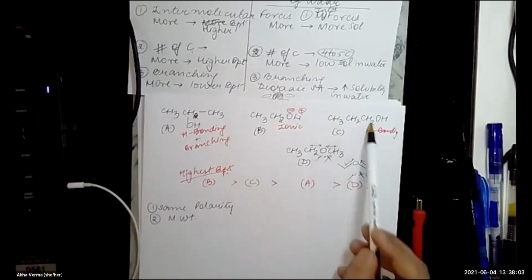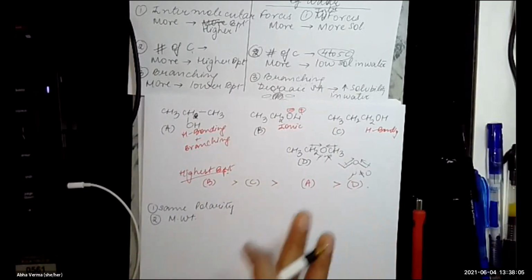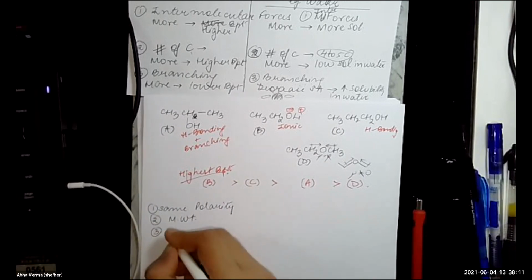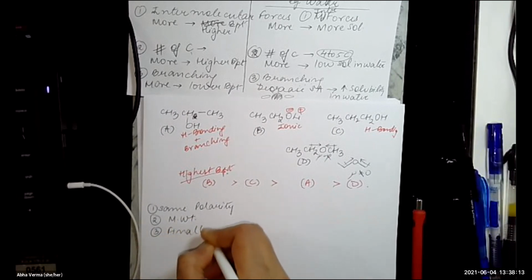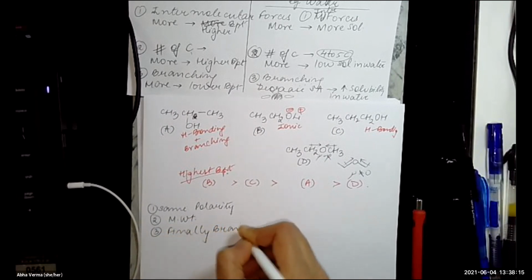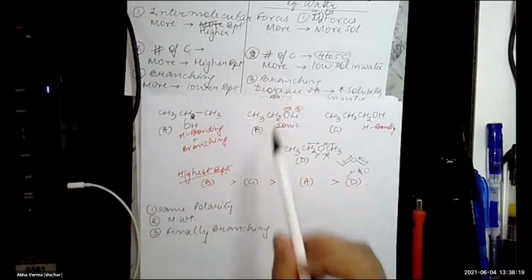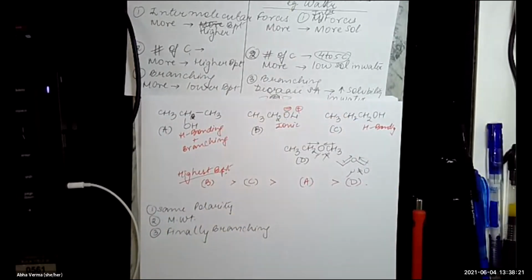So their molecular weights for your class will generally be the same. But if your molecular weights are not the same or are the same, then you go with branching. Remember, branching has to be the last thing that you look at in this order. Okay?